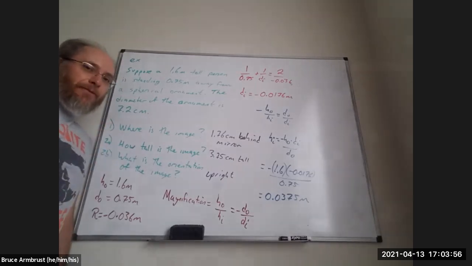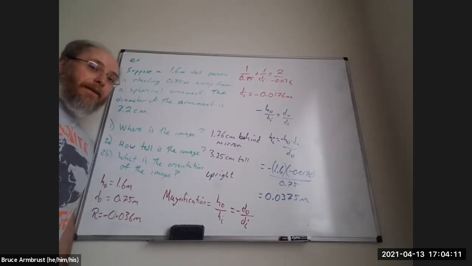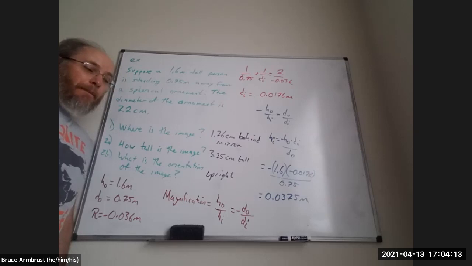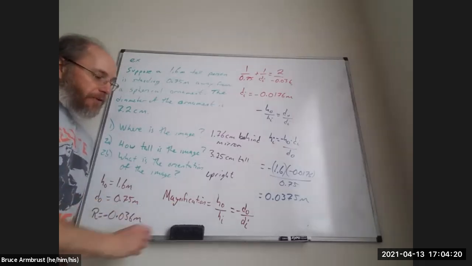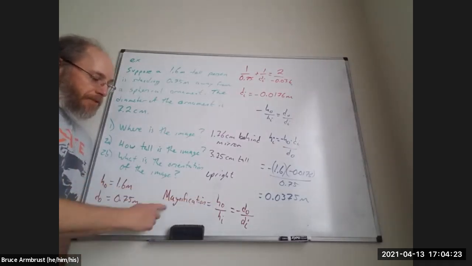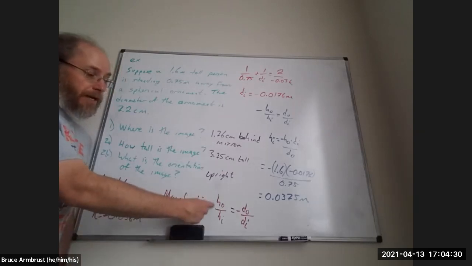All right, so I want to go back to something Bradley said when I asked if this was upright. And he said yes. And I said, why? Well, because it's convex. And I said, are convex images always upright? We now know the answer to that. Because if it's also upright, that means your magnification is positive. Right? It's got the same orientation, so this ratio is going to be positive.